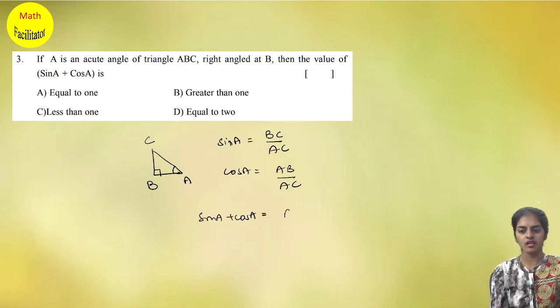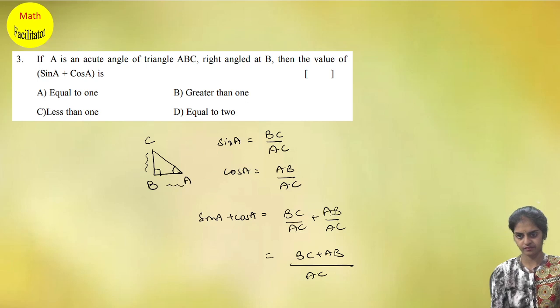So sin A plus cos A is nothing but BC by AC plus AB by AC. So AC is common in the denominator. So numerator is BC plus AB. So what is BC plus AB? See, in a triangle you have learned that the sum of any two sides is always greater than the third side.